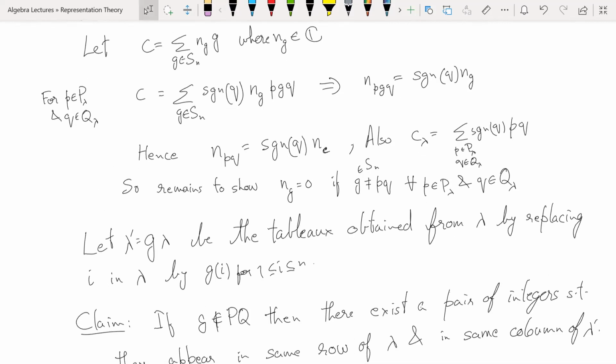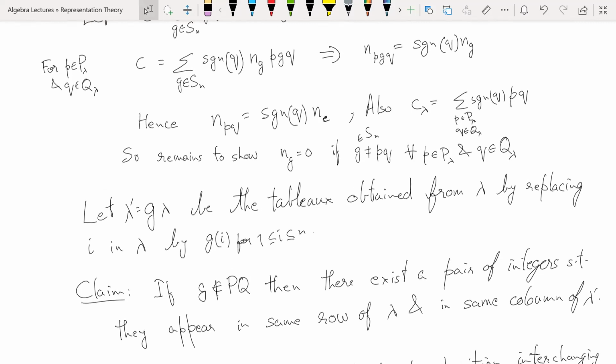So the claim is: if g is not in PQ, then there exists a pair of integers between 1 and n, say x and y, two distinct integers between 1 and n, such that x and y lie in the same row of lambda and the same column of lambda prime.